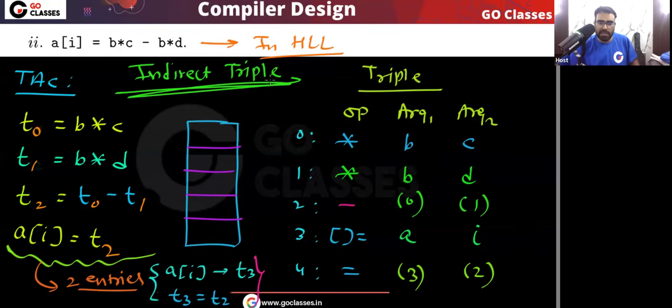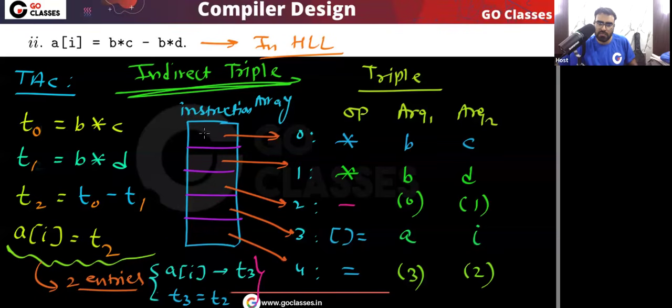Separately we have an instruction array which tells us the execution order. Remember, this instruction array is an array of pointers, so it will point like this. Very easy. I hope you understood this. So that's it.